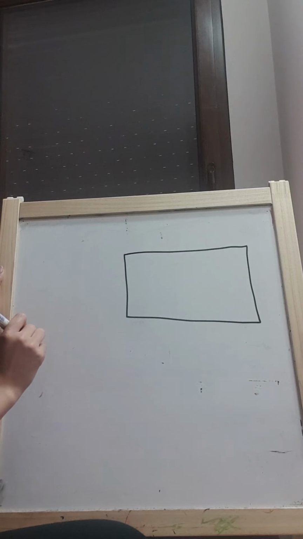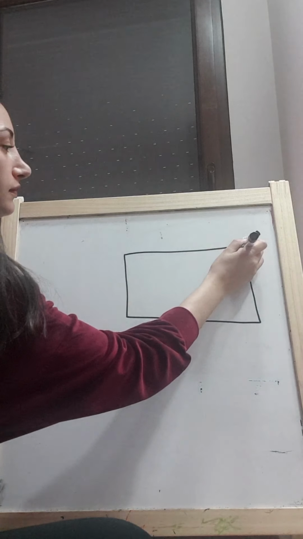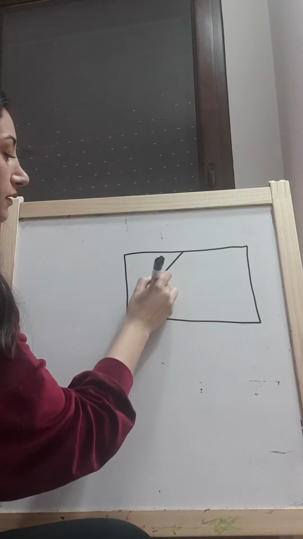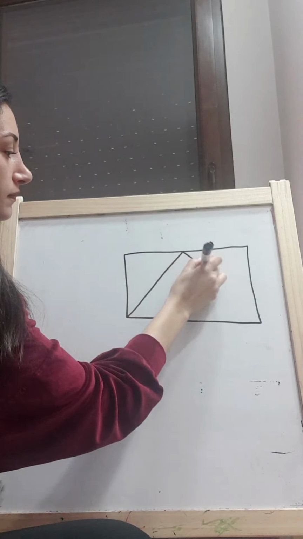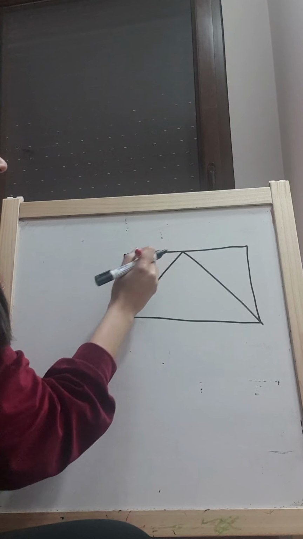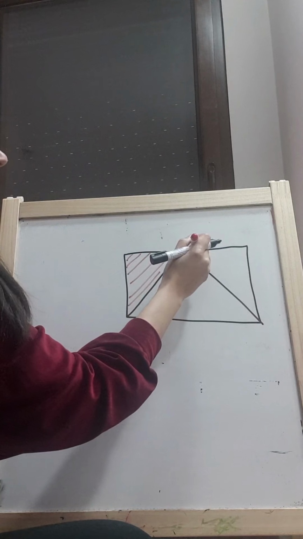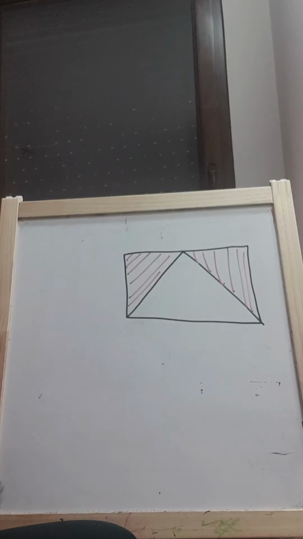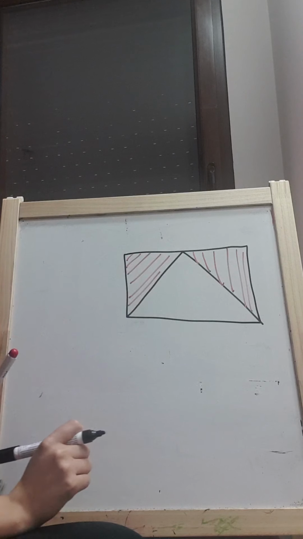This is a rectangle, and this is a triangle inside the rectangle. I want you to find the area, the shaded area, the one in the red.